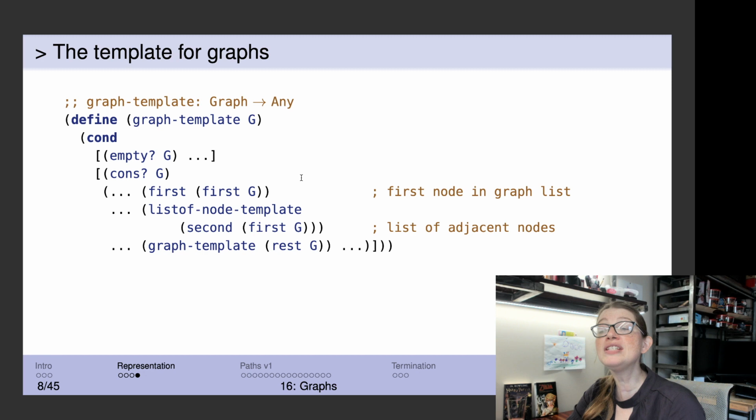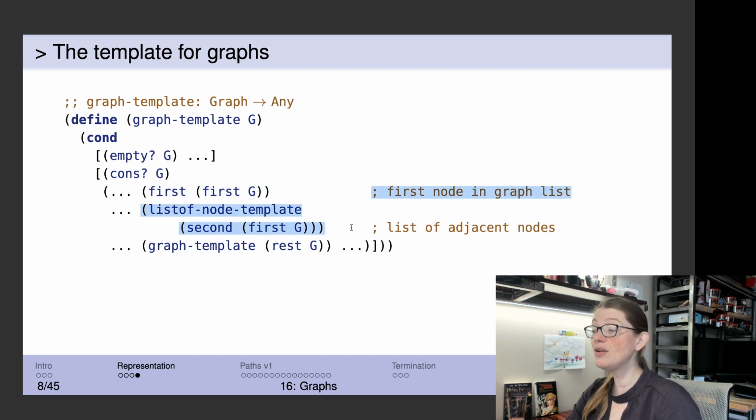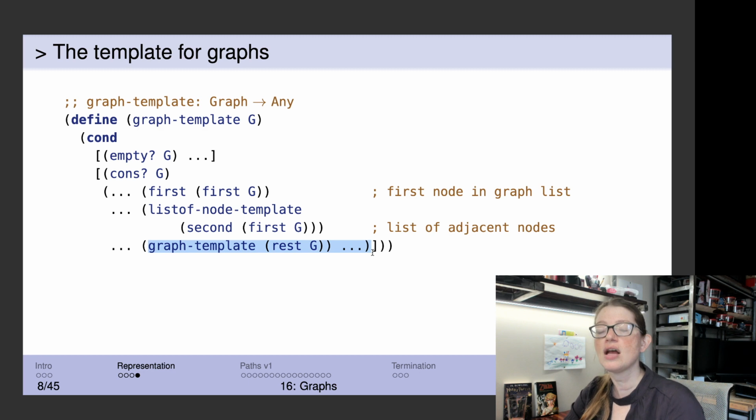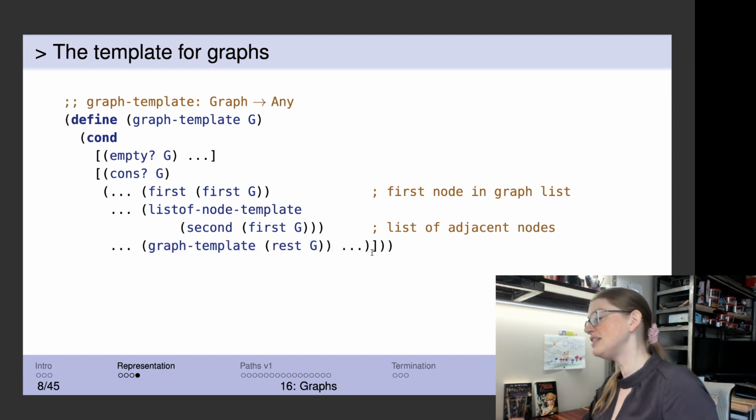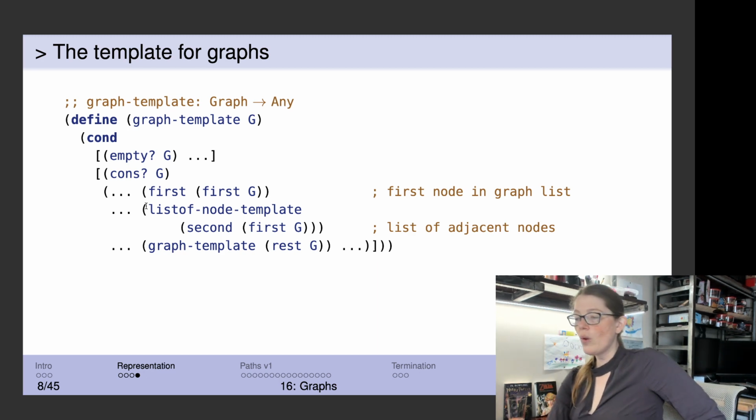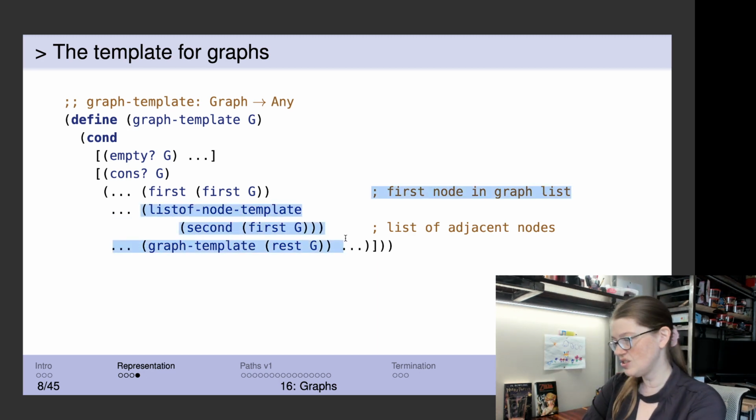So this is do something with this node, and this is do something with your out neighbors, and then we need to process the rest of the graph, which means we're also going to need a template function to deal with our out neighbors.